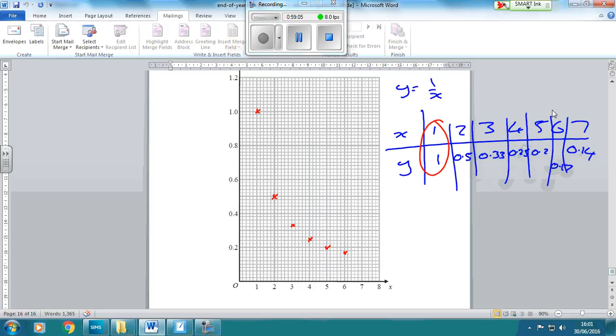And 7, 0.14. So, there. And then all you need to do is join them up with a nice smooth curve. And that's it. That's y equals 1 over x.